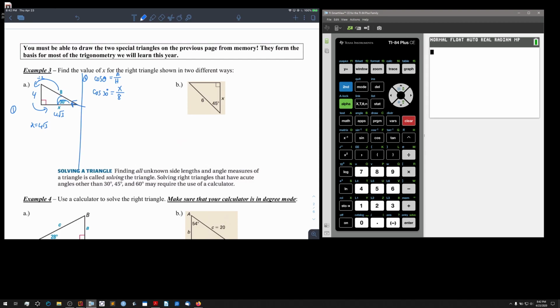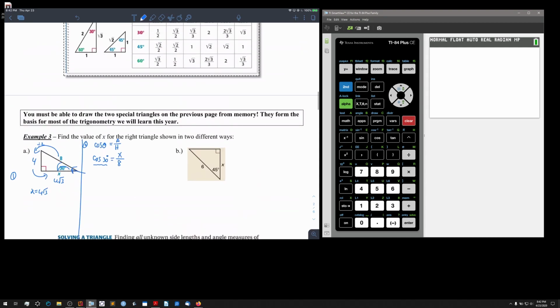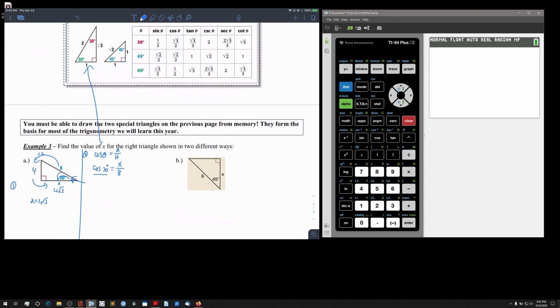Okay, and so then I can say, all right, but I know how to find cosine of 30 because I have a little triangle that I've memorized up here that I can use to find the cosine of 30. Now, if you've memorized the table, that's the cosine of 30. Okay, but you can just go here and say cosine of 30 is adjacent over hypotenuse, and that's root 3 over 2 is x over 8.